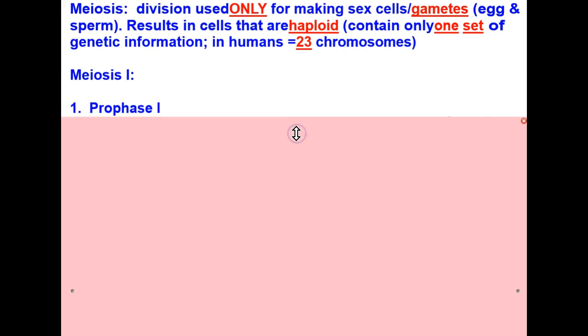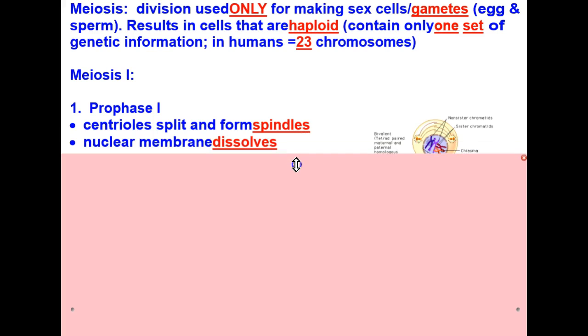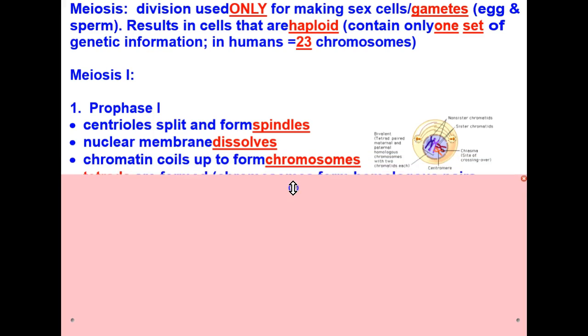Prophase 1. In prophase 1, we have the centrioles split and form spindles. Our nuclear membrane dissolves, and our chromatin coils up to form chromosomes.